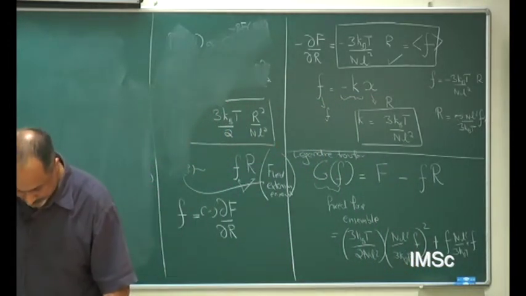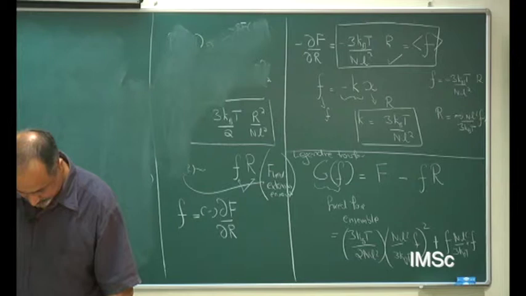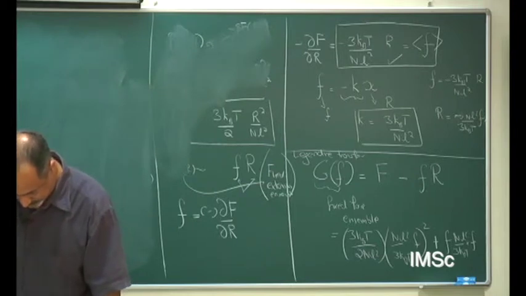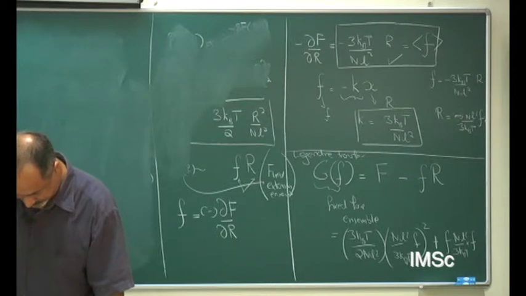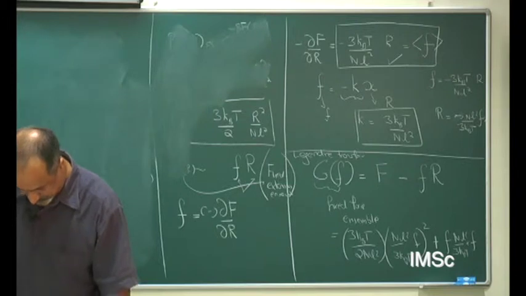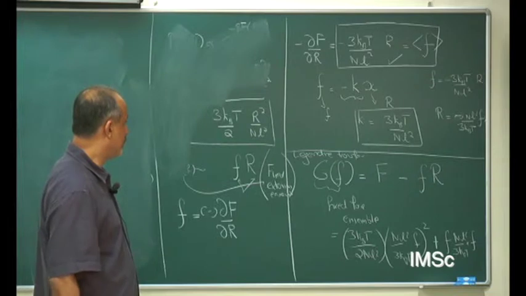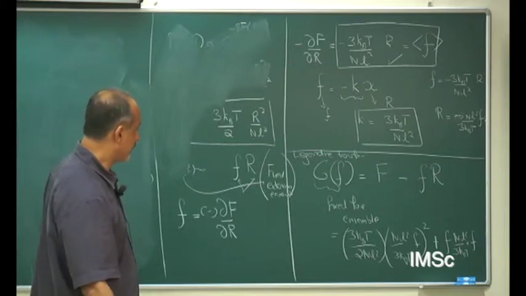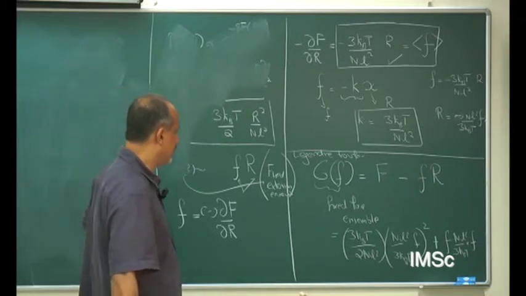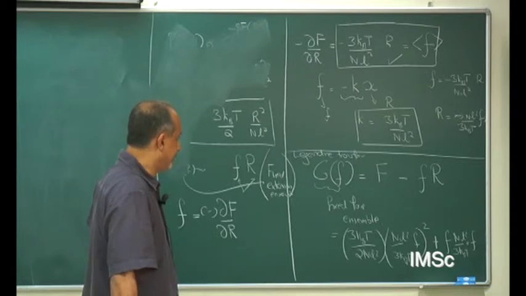So on my notes I have a minus sign. So what could have gone wrong? Because when we take a derivative here, there will be a minus that comes.